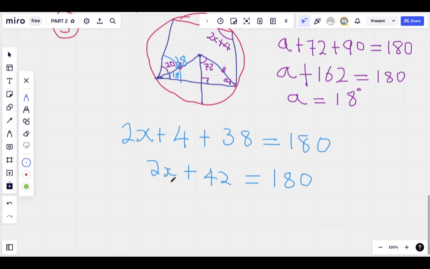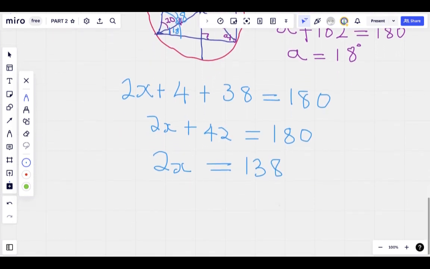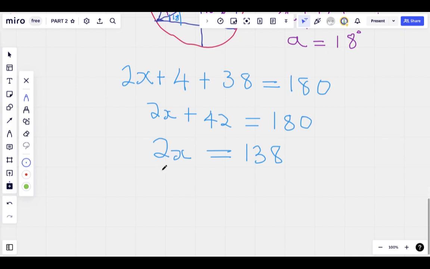Right? Now you move this one to this side. You say 2x will be what? Subtract 42 from 180. If you subtract 40 from 180, you get 140. Take away 2 more from 140, you get 138. So 2x will be 138. To find x, divide both sides by 2. Let's use a different color. Divide here by 2.